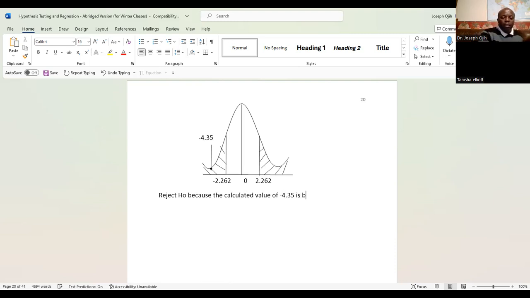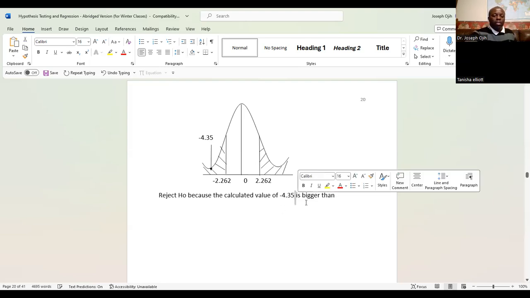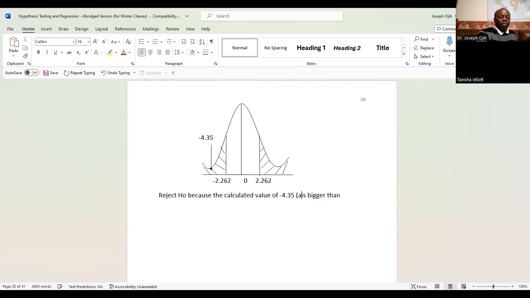Is bigger than, of course, you see, like I said, absolute value of 4.35 is bigger than the critical value of negative 2.262.